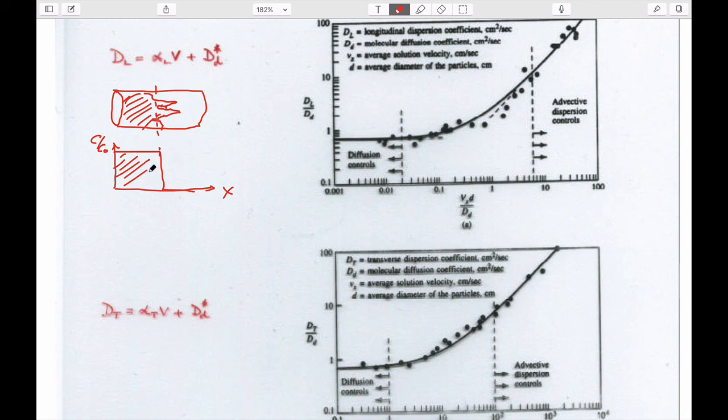One way to think about it. And so what you could do is look at this longitudinal dispersion being equal to longitudinal dispersion velocity, plus this effective diffusion coefficient.